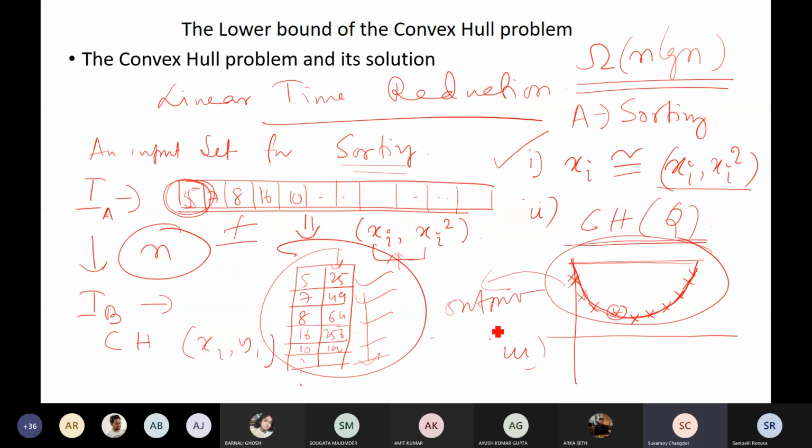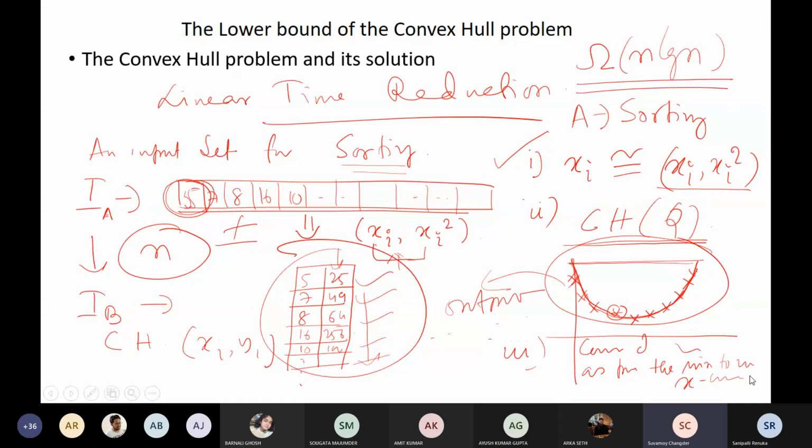That means all the points must be in sorted order. How to do this? You just consider the points as per the minimum to maximum x coordinate, nothing else.